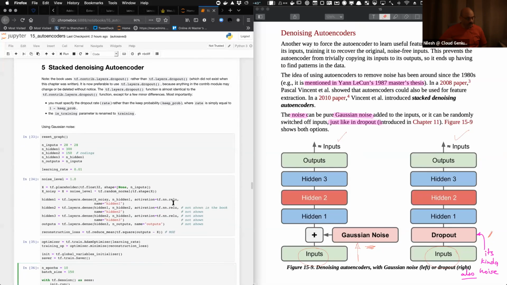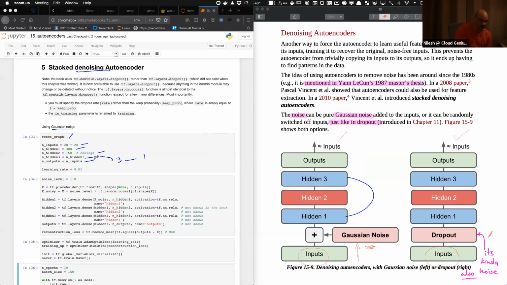So the first one, denoising autoencoder using Gaussian noise: reset the graph, inputs, layers, and you can see that this is matching your 3. 3 is matching 1. So you're basically symmetrical in nature.